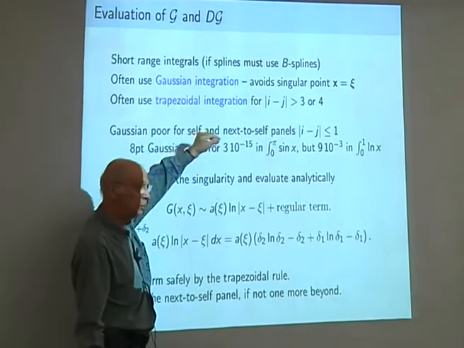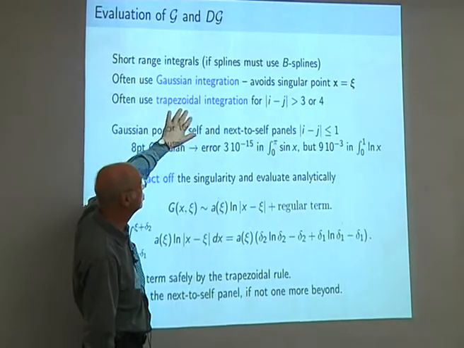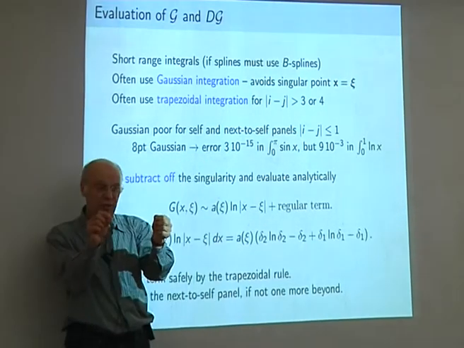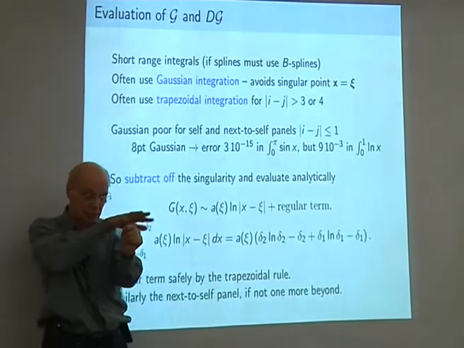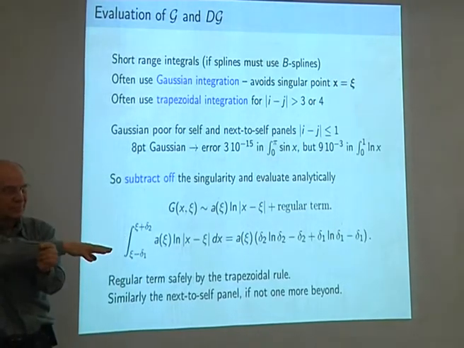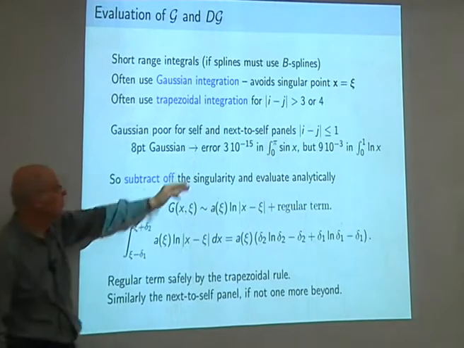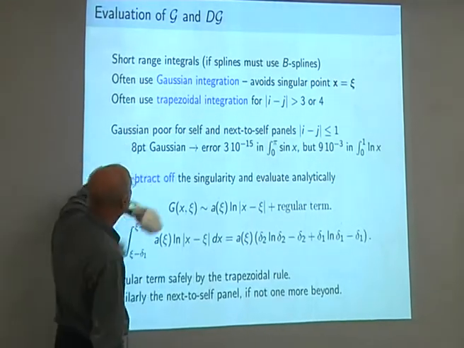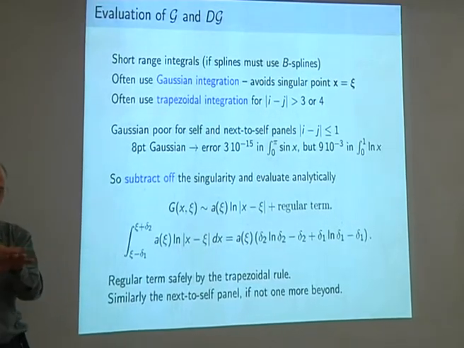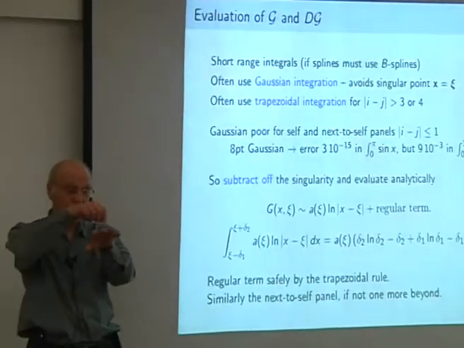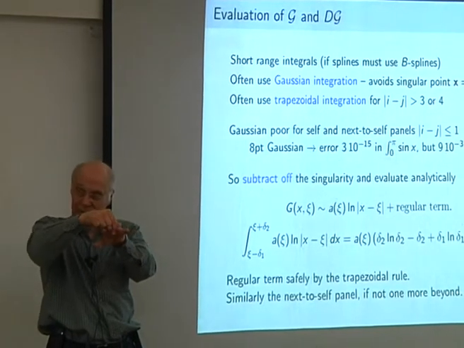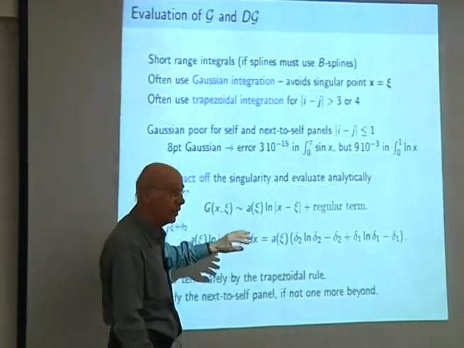I always use trapezoidal integration, as long as I'm not on the self panel, that is x is not on the panel where psi is, or the one next to it, or the one next to that. But for the remote panels, trapezoidal integration is fantastic. The problem with Gaussian is on the self panel, integrating with respect to x on the panel where psi is; that is not very accurate.